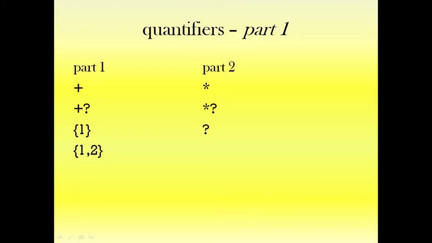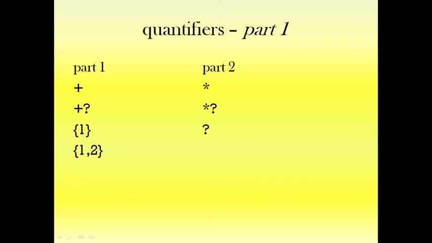We will do the others in another video, but for today we're just going to look at plus, question mark, a number in curly brackets, and then two numbers in curly brackets. If we use the plus, we're going to say we want something one or more times. If we just want it once, we can put the number 1 in curly brackets. And if we want it between 1 and 2 times, we can use 1 and 2 in curly brackets.